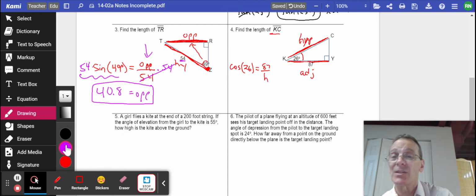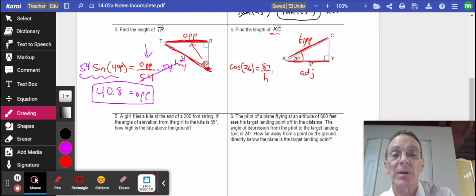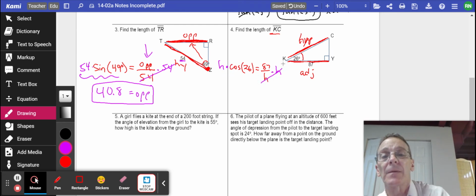Okay. It's going to take 2 algebraic steps to isolate that h properly. We start by multiplying both sides by h. And that produces this equation. H times the cosine of 36 degrees equals 87.